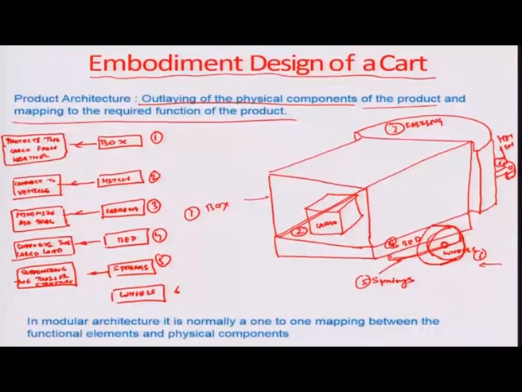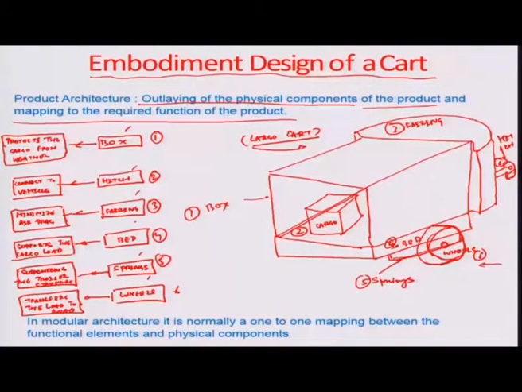Okay. So, you basically say that this transfers the load to road. Okay. So, this is how you can design the embodiment in this particular illustration, which is a cargo cart. Okay. In a one-to-one mapping of each component associated with some functionality.